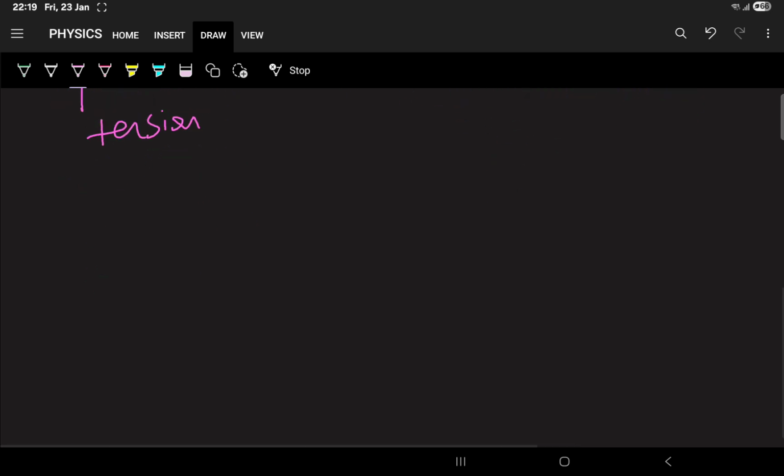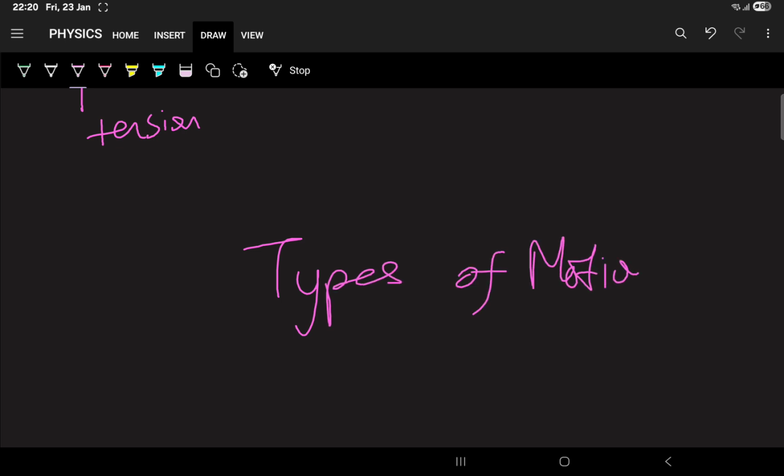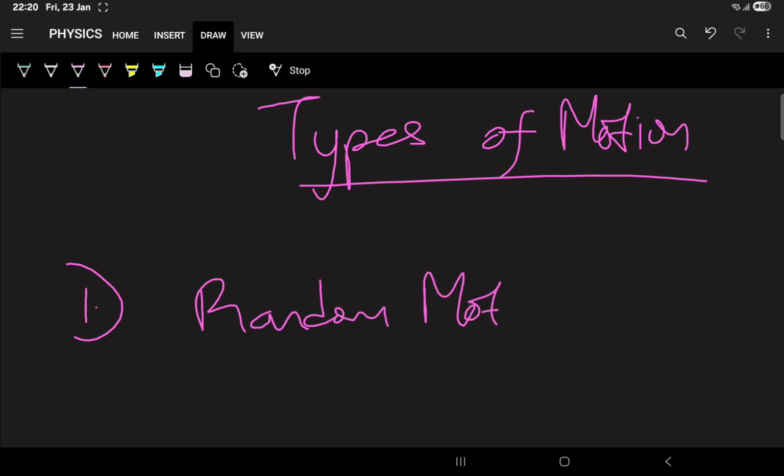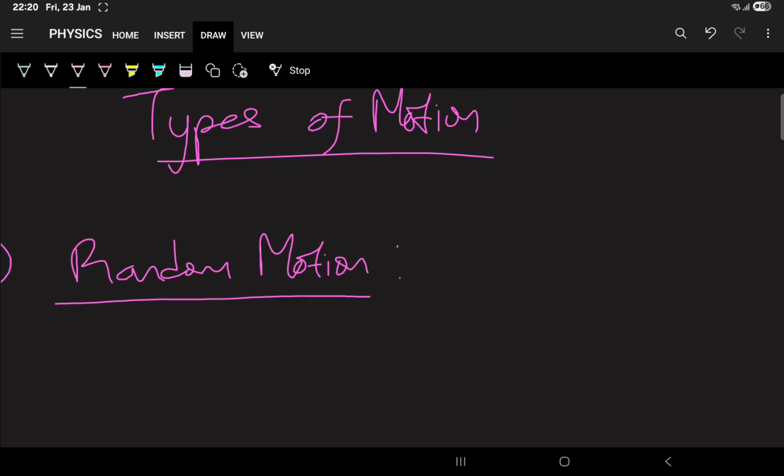Now, quickly, we move on to types of motion. We're going to discuss four types of motion. Number 1, random motion. Feel free to take notes.